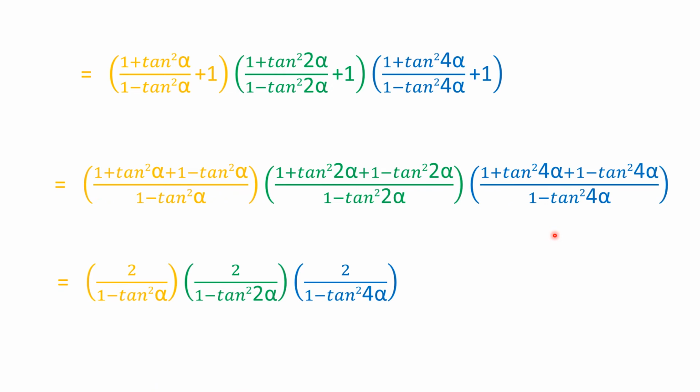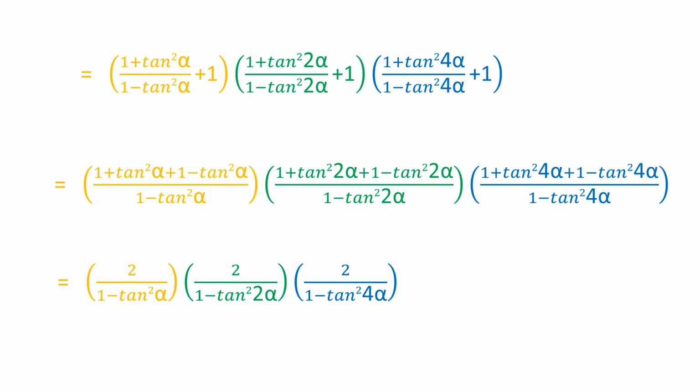Now after this, can you suggest what can be done? Had we had tan alpha over here, then it would have gone in the formula. It would have been 2 tan alpha over 1 minus tan square alpha. So we need tan alpha here. To get tan alpha, we'll multiply the numerator by tan alpha and divide by the same tan alpha.